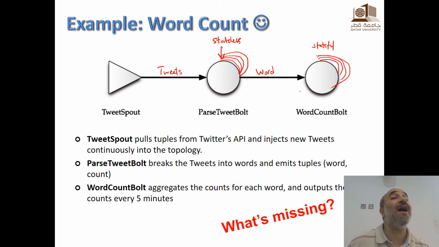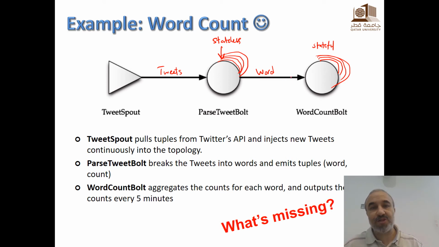We need to make sure that each task here will get the same words. Otherwise, the word Qatar sometimes will go to this task, and another time will go to this task, and so on, right?